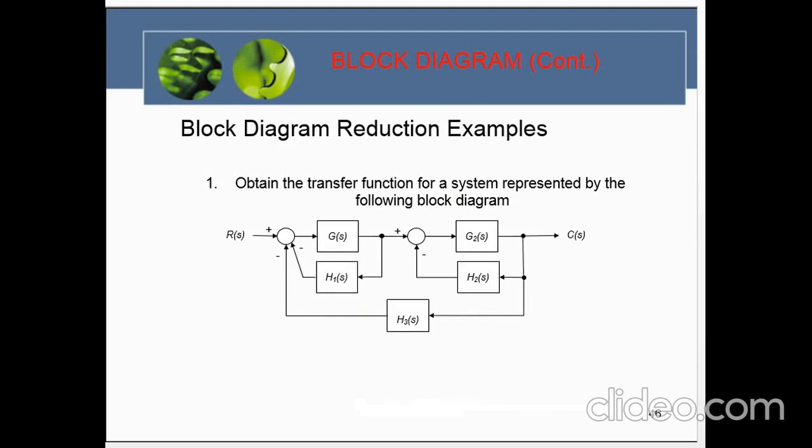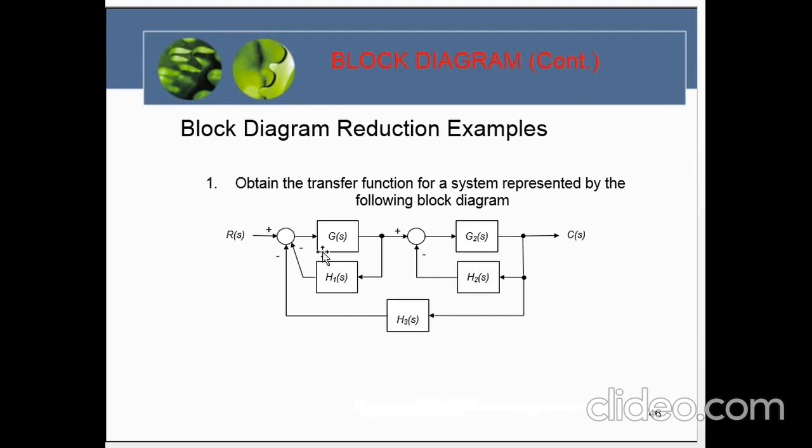Now we try to apply the concept that we have studied previously. This is the example. We are asked to reduce the block diagram in order to get a simple one.